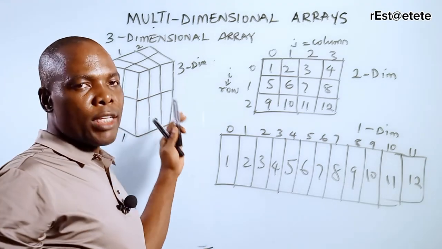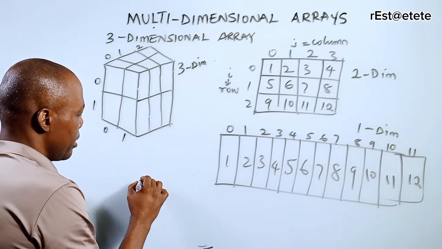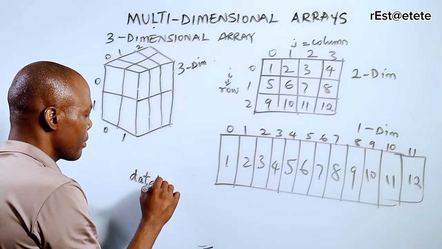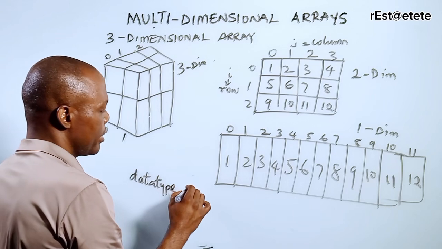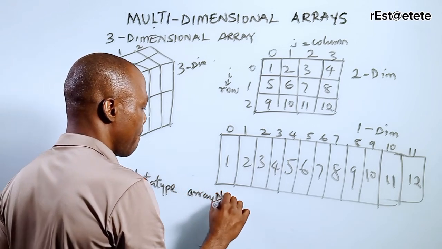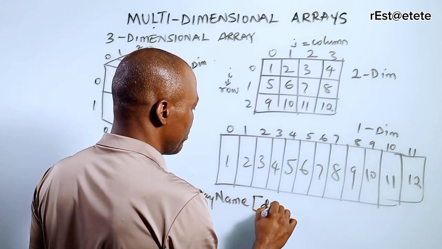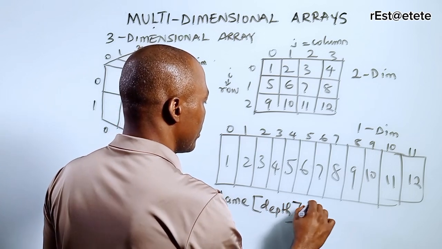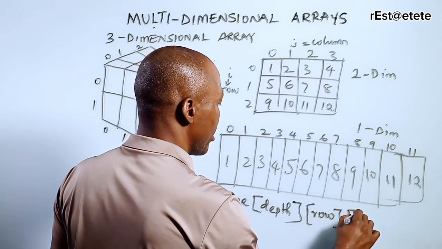And the syntax for a three-dimensional array is: data type, then array name, then you have the first one, depth, then you have row, and then you have column.